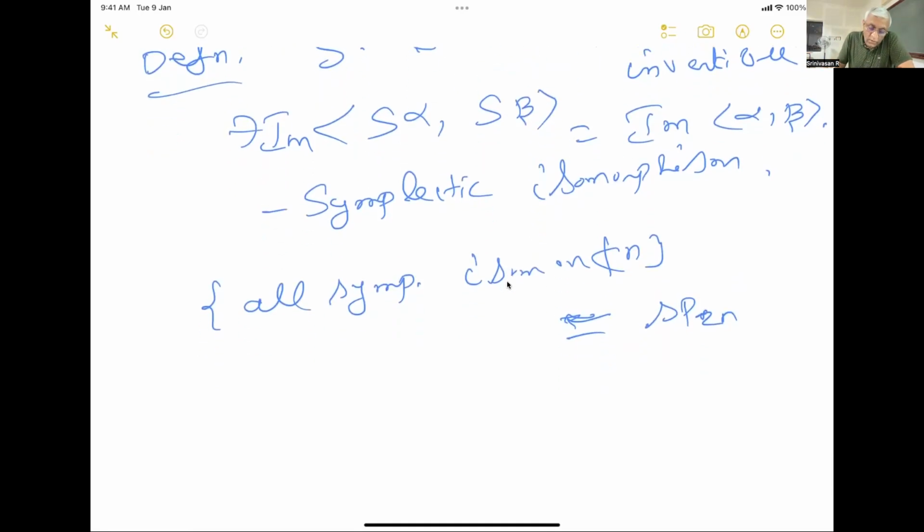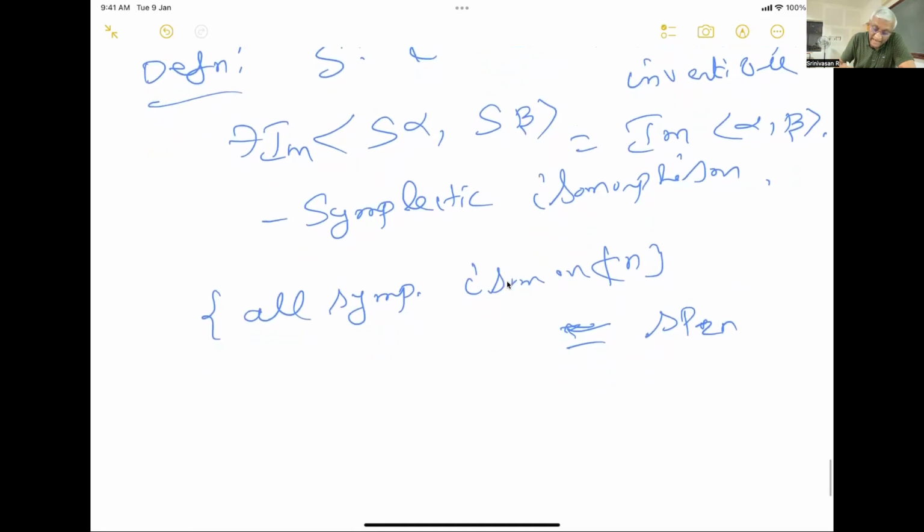As I said, this gives an algebraic isomorphism. Now W of S alpha satisfies the following properties, of course. It's called spin group.